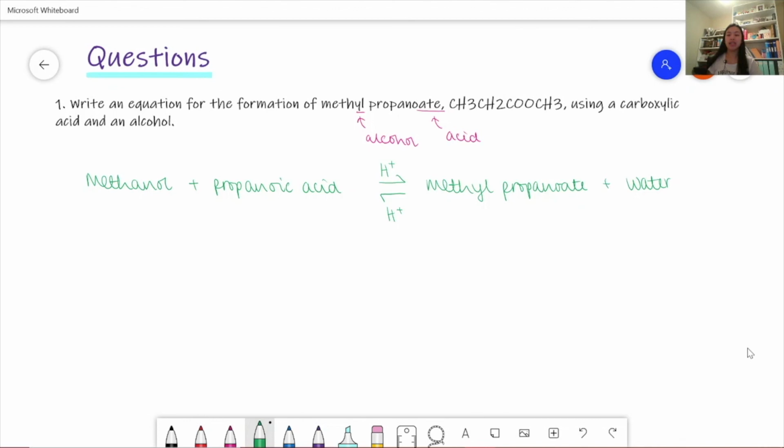And so to write an equation for formation of methyl propanoate, we just need to do this, but with all the atoms. And so what we get is methanol is CH3OH because it only has 1 carbon. And then we add propanoic acid, so it has 3 carbons in the chain, and we have COOH on the end.